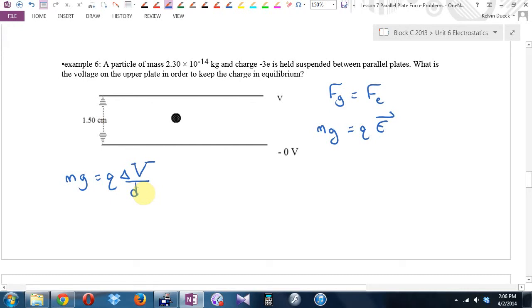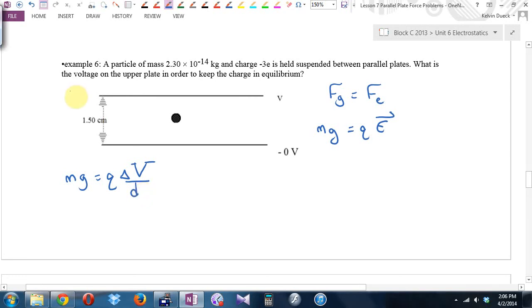What's this question asking me to find? Oh, voltage. Okay, let's get the V by itself. Oh, and by the way, we're finding the change in voltage. I don't know what the answer is. Let's suppose the answer is 200.